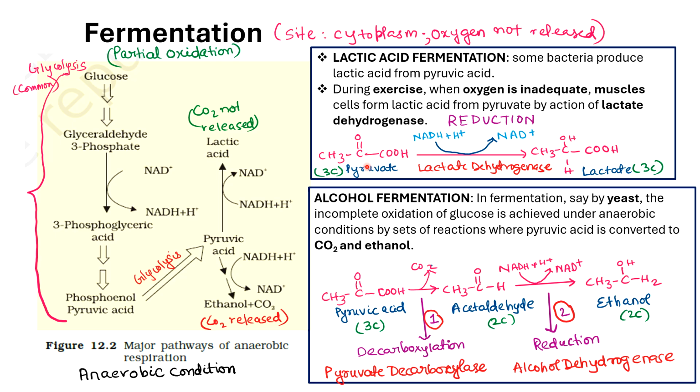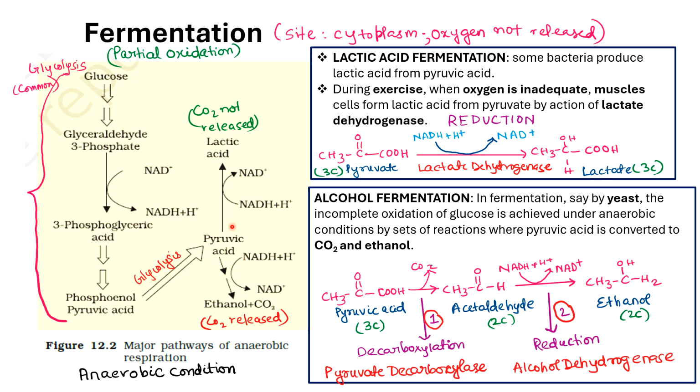So essentially, reduction of pyruvate to lactate takes place in lactic acid fermentation. And the net release of ATP is 2 ATP, which was generated in the process of glycolysis.